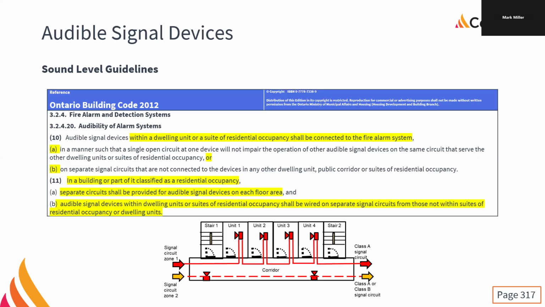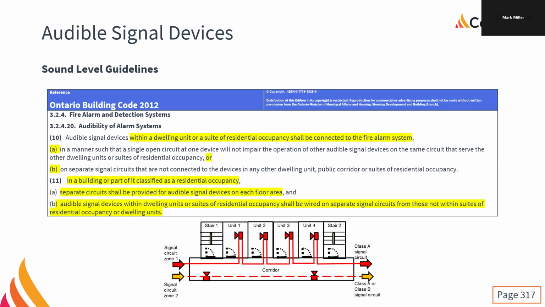Our audible signal devices have to be connected to the fire alarm system. Yeah, because we're looking at the building code now. They have to be connected in such a manner that a single open circuit of one device will not impair the operation of other audible signal devices on the same circuit that serve other dwelling units or suites of residential occupancy.